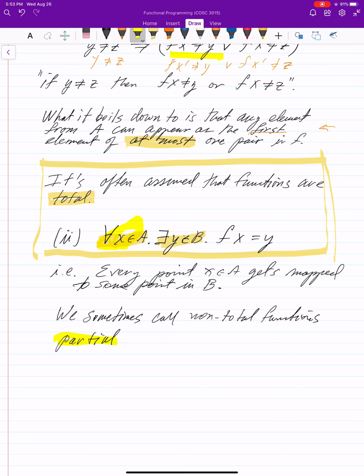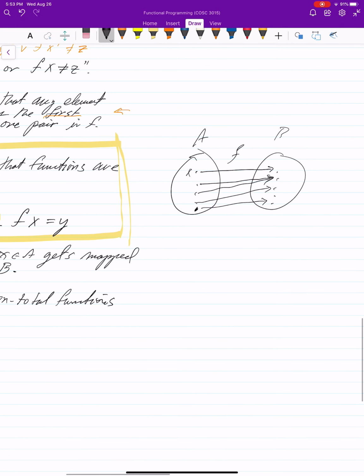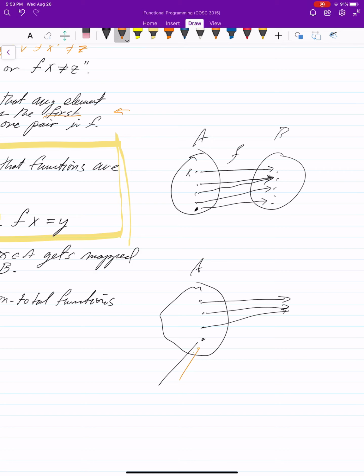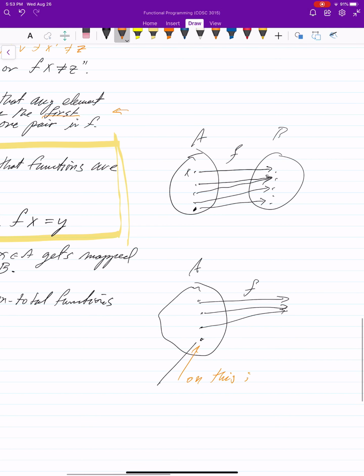And this actually is kind of important for computer science and functional programming, because suppose I have some function that takes these inputs and maps them somewhere. And suppose it does just fine, but on this input, so I've got some function f here that I'm computing, but on this input, f loops forever.